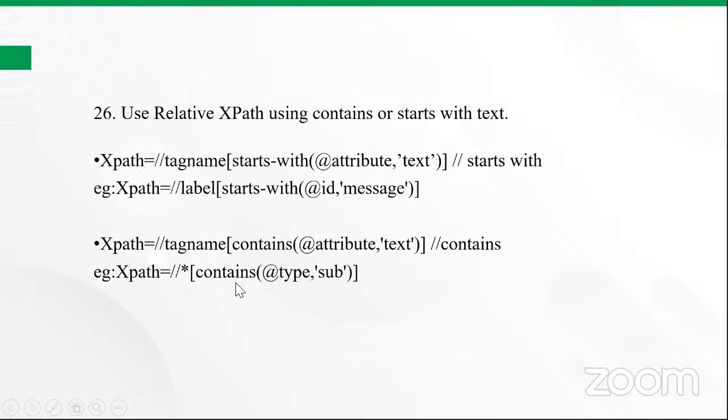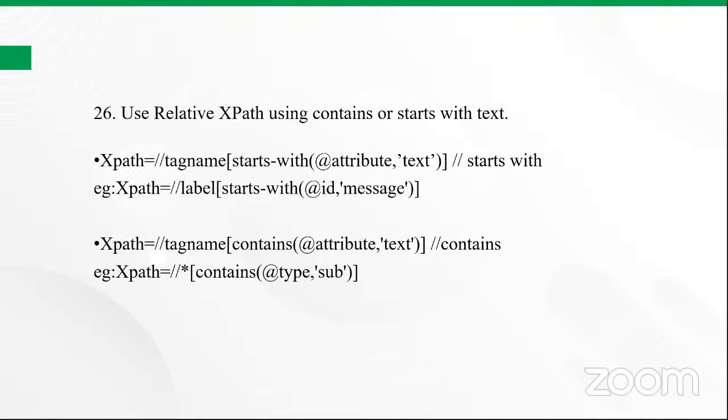I think contains is used if the attribute you are using to locate an element has a long value. Suppose you are finding an element using ID, and that ID is a long one. Giving the long ID in the code would not look nice, right?